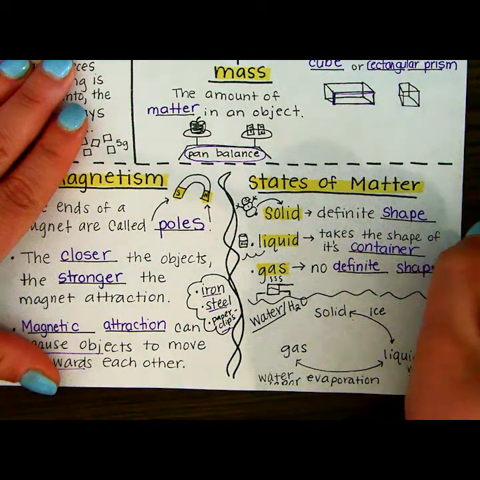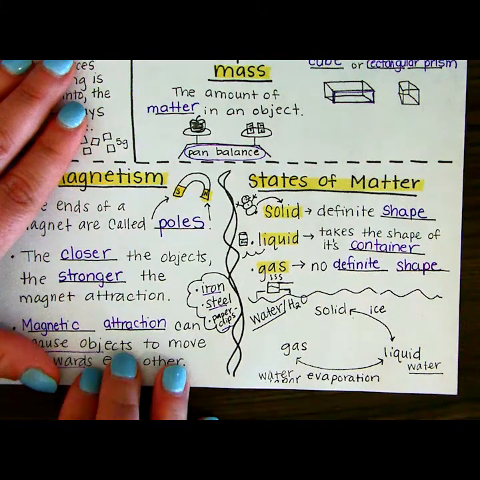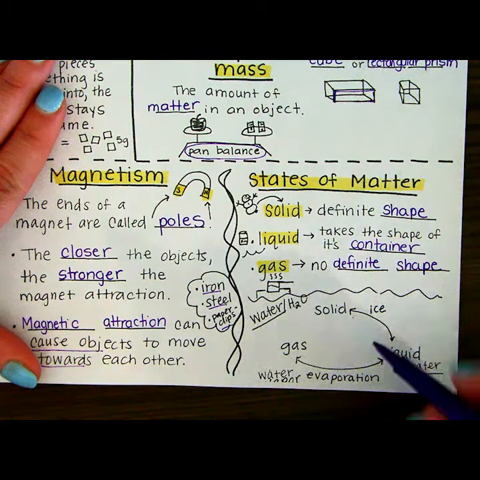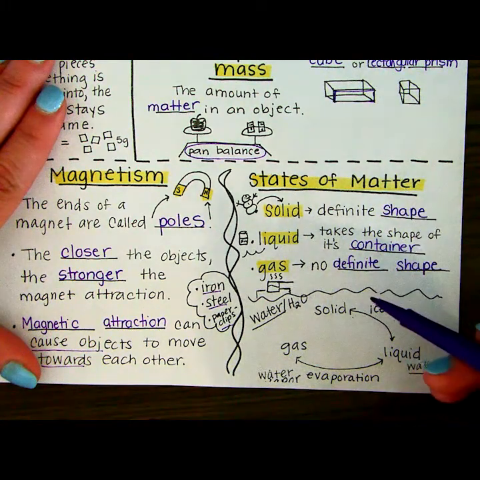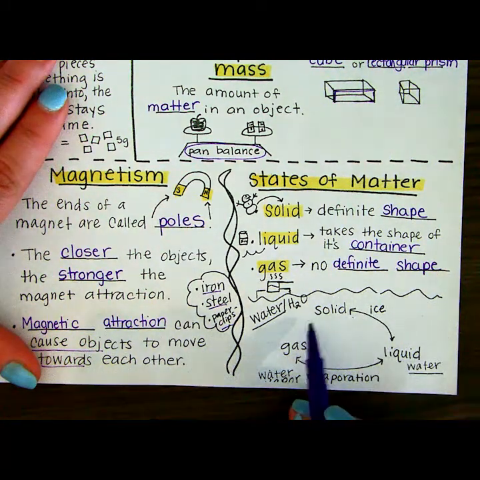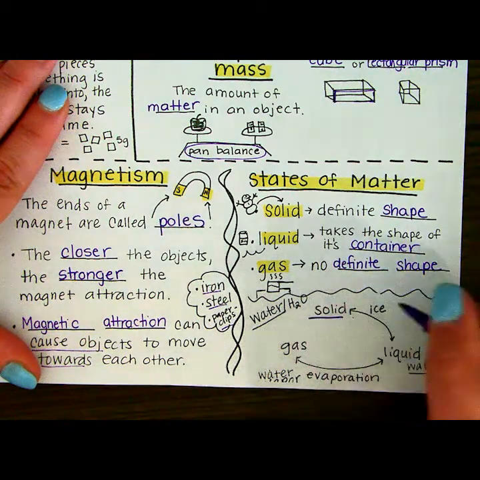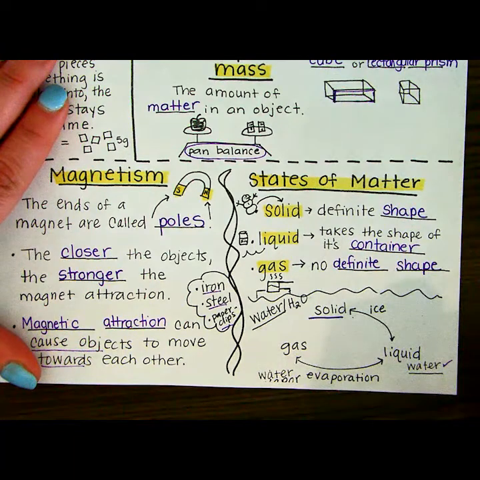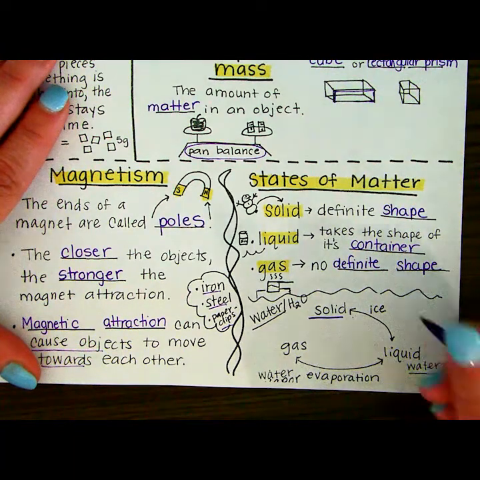The last thing that we've included on your study guide is a very simplified version of those changes in the states of matter. For example, if we have a solid, such as ice, and it turns to liquid, such as water, that happens through a process called melting.